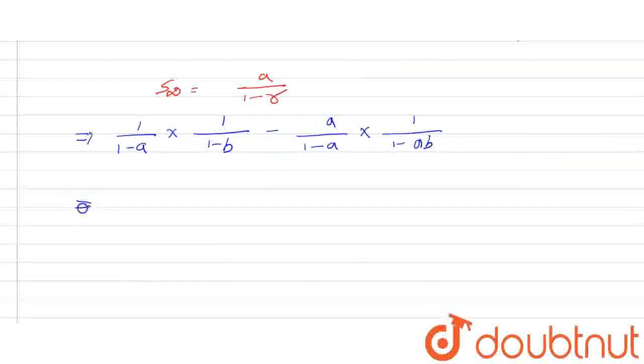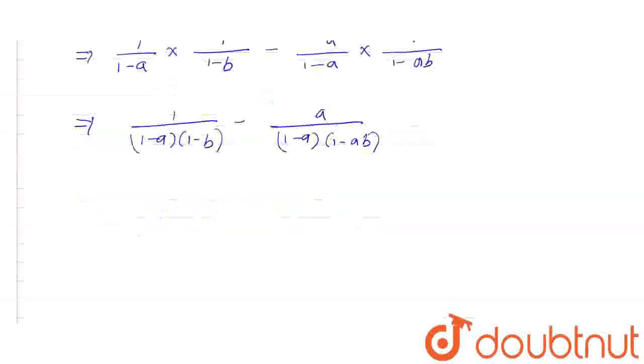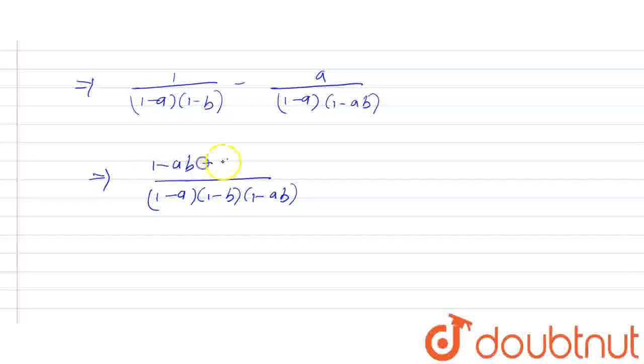So now we just need to solve for the sum. This is 1 upon (1 - a)(1 - b) minus a upon (1 - a)(1 - ab). Now we take the LCM, so the denominator becomes (1 - a)(1 - b)(1 - ab). The numerator is (1 - ab) minus a(1 - b).